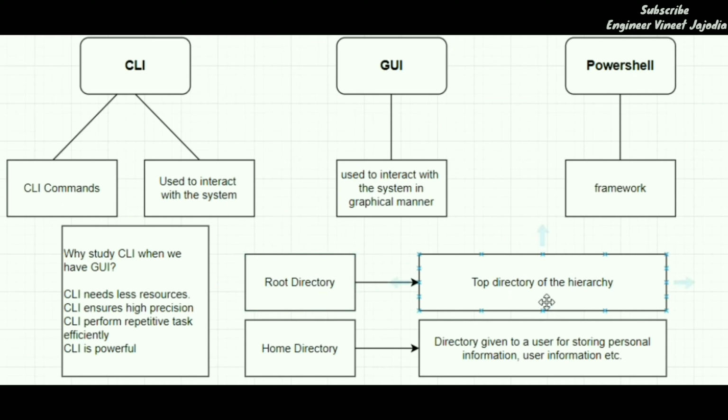It is the top directory of the hierarchy. Then we have studied home directory, which is a directory given to your user for storing personal information and user info, and etc. Then we have studied what is PowerShell. It's a framework which is used to run commands of CLI, and we are using PowerShell because it has similar terminal commands as the Mac operating system and Linux operating system.